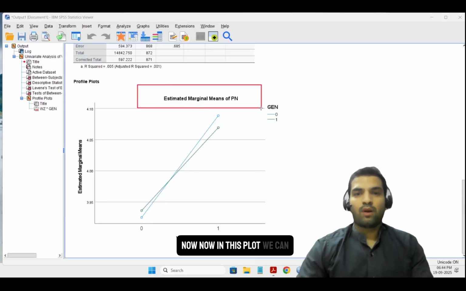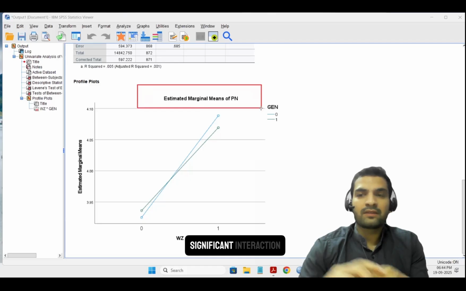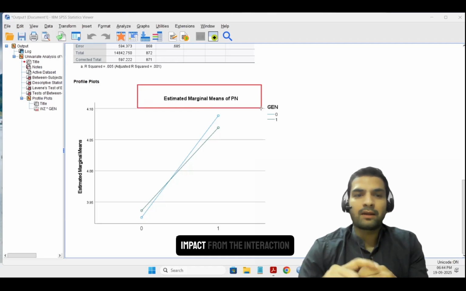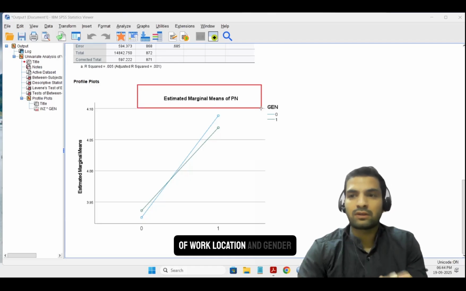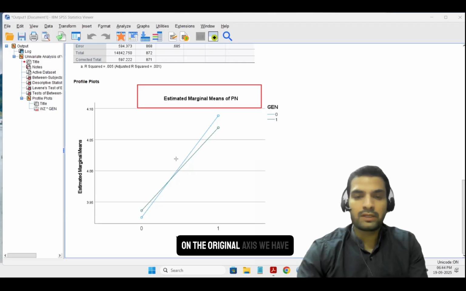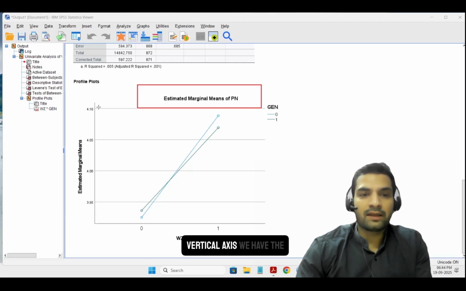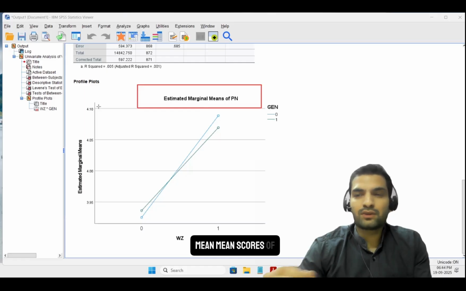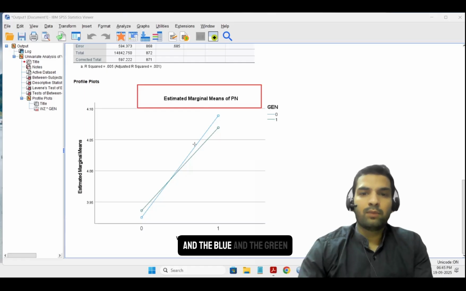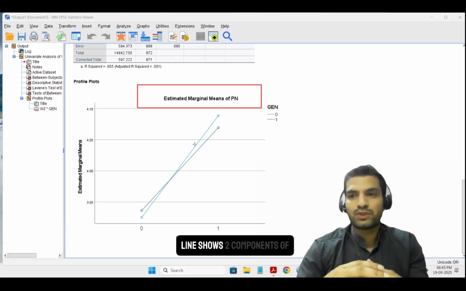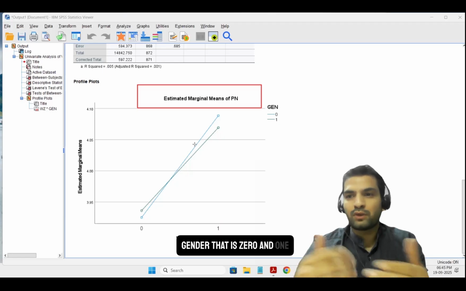Now in this plot, we can check if there is a significant interaction impact from the interaction of work location and gender. On the horizontal axis, we have work location, and on the vertical axis, we have mean scores of satisfaction levels. And the blue and the green line shows two components of gender, that is 0 and 1, male and female.